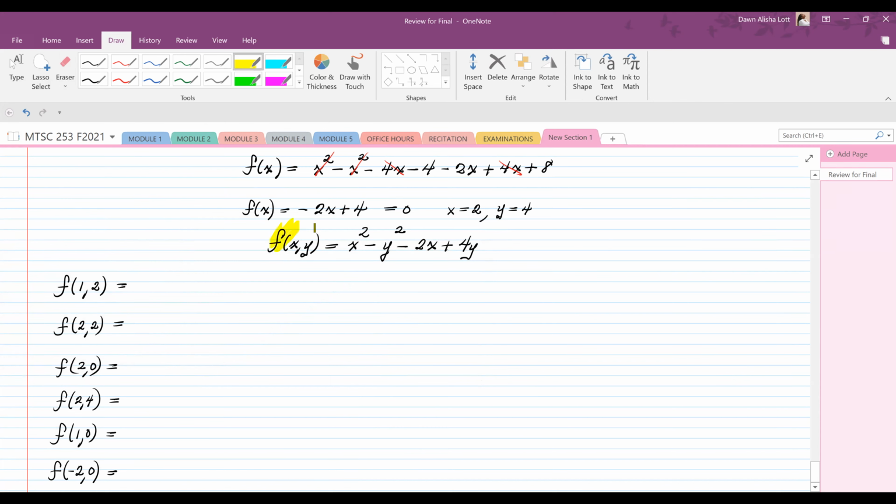All right, there's the function. So it'll be 1 minus 4 minus 2 plus 4. So just -1. Oh no, that's an 8. So it's 1 minus 4 minus 2 plus 8. 9 minus 6, 3. Okay. 4 minus 4 minus 4 plus 8.